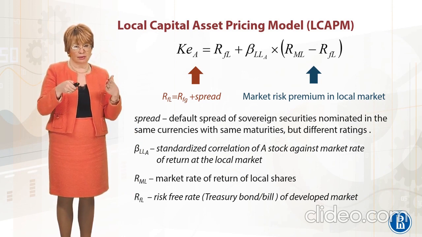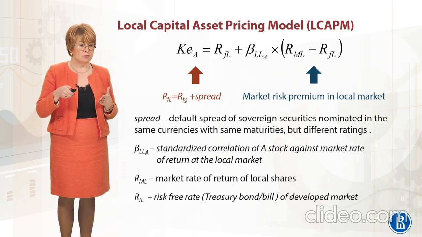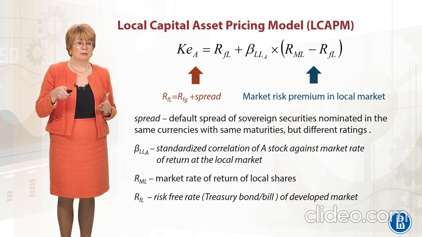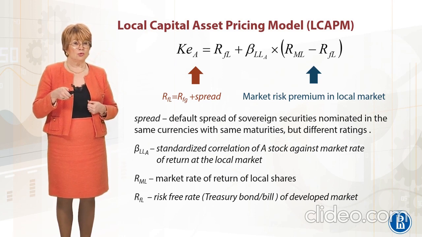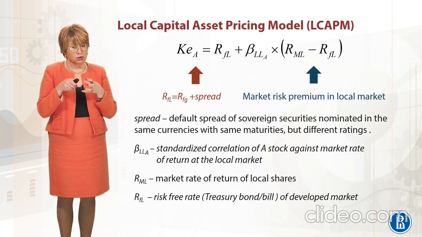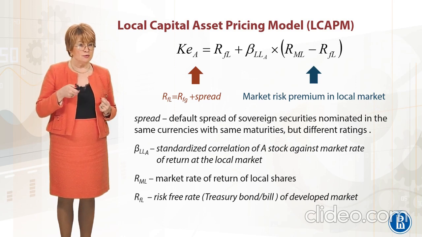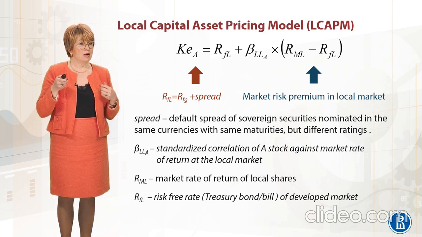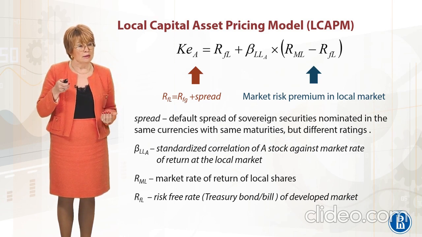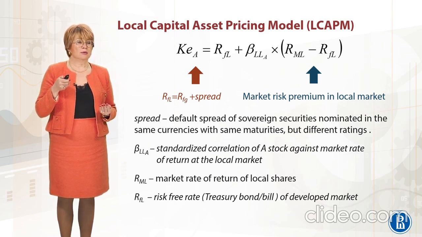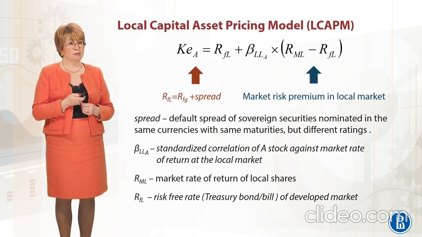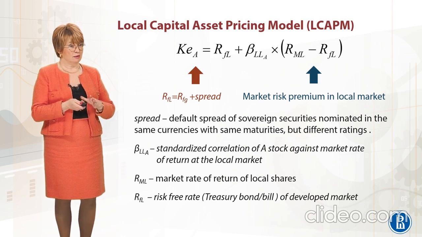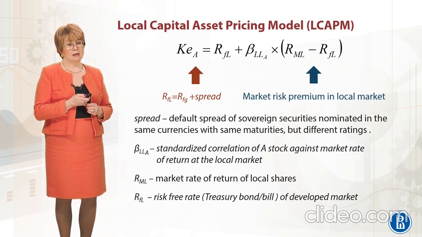That default spread of sovereign securities should be denominated in the same currencies, and they should have the same or much closer maturities. But they will have different credit ratings. Why? Because the local treasury bond is riskier as compared to the treasury bond of some developed or benchmark capital market.